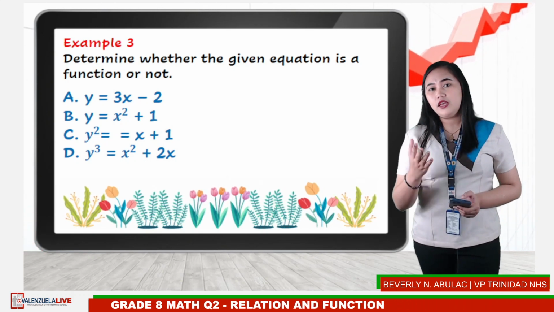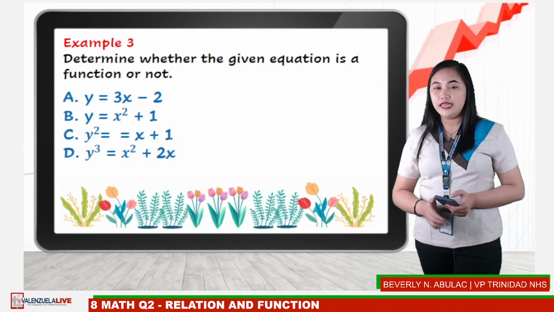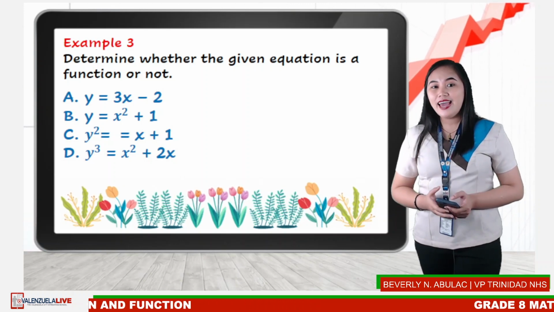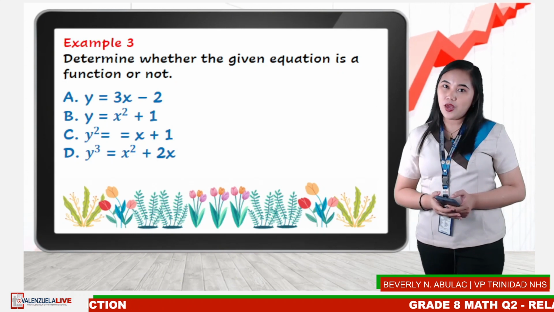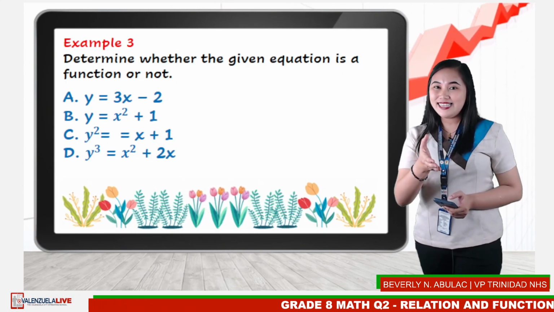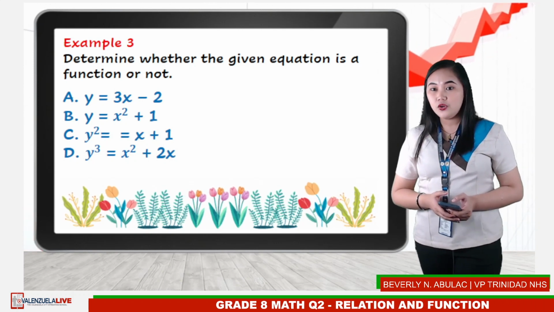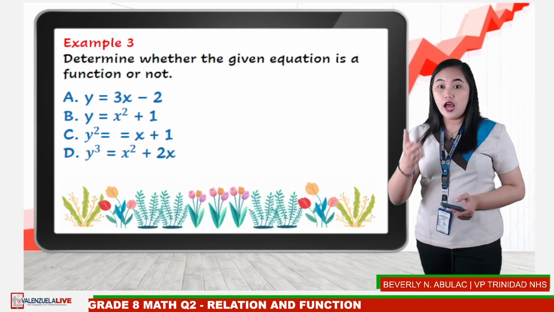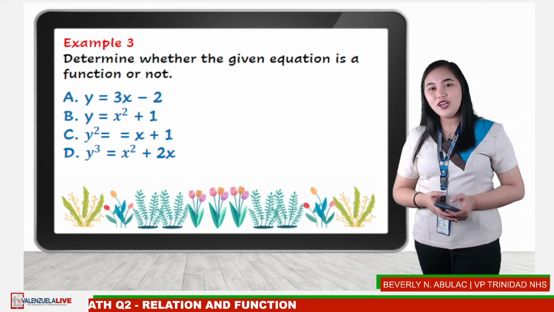To determine if a given equation is a function, let us assign a test value for x and substitute it into the given equation. If one value of the domain yields exactly a unique value in the range, then the equation represents a function, and otherwise, it is not a function.